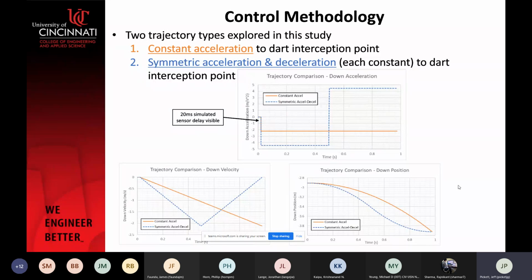So the drone would calculate, after it becomes knowledgeable about the dart states, what constant acceleration it needs in all 3 directions and all 3 angles to meet the dart at the interception point perfectly with the right angles and location. And the second type was symmetric acceleration and deceleration. So similar, but this time it's going to have to accelerate faster over the first half so that it can decelerate over the second half and meet the dart at its interception point at a stop.